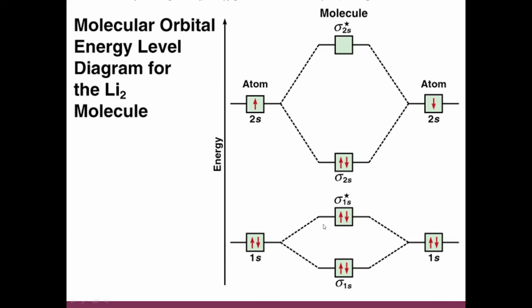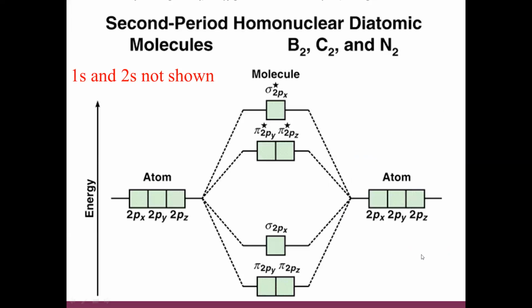In order to save space, we overlook this part, because this part, 2 electrons and 4 electrons filled in here, does not really influence what we're talking about here. Anyway, all electrons are filled in, and so for second period diatomic molecules, I skip that part, but they still exist.